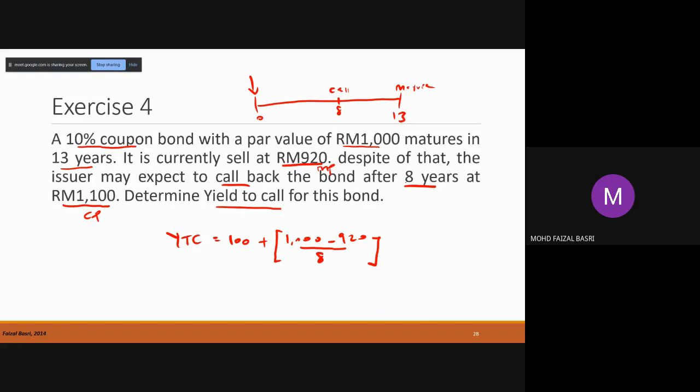We divide everything by the average of 1,100 and 920, divided by 2. Call price, not par value. Call price minus the market price, so 1,100 minus 920, divided by 8, plus 100, and we divide with 1,010.